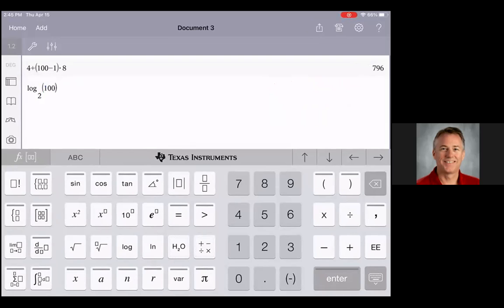Remember, on the graphic calculator, if you're using the app, you have to click and hold the enter button down. If you're doing a handheld, you don't have to do that. You have to hit control enter. But I want to get that. There it is. So it's about 6.64, which is what we thought. Remember, we said it was between 6 and 7. Okay, so x is approximately 6.64.